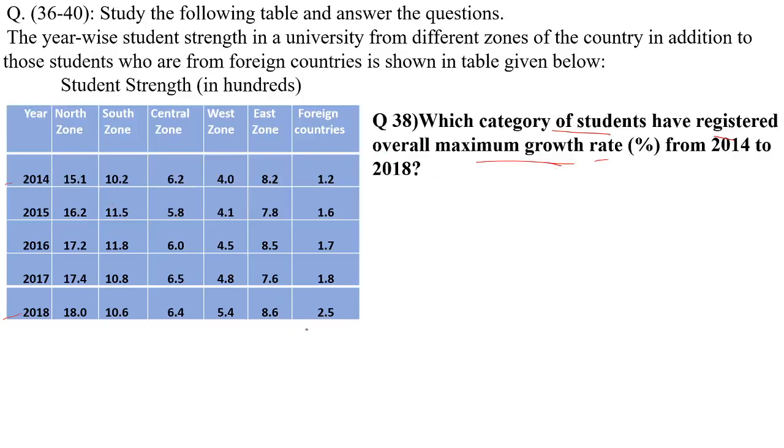Here you will see how the values come, from 14, 15 to 18, you directly have to see how much it has grown. So like in North, it was 15.1 in 2014, and in 2018 it was 18.